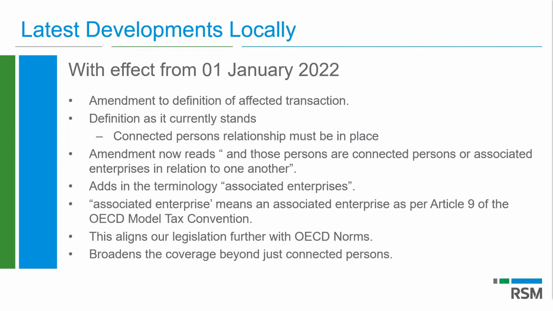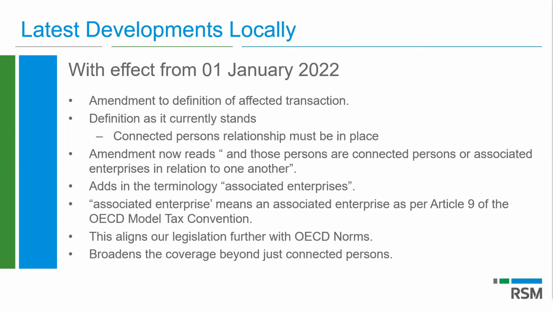That is defined to mean an associated enterprise as set out in Article 9 of the OECD Model Tax Convention. And the OECD Model Tax Convention is in essence a model double taxation treaty that is used by most tax jurisdictions in negotiating double taxation agreements with other jurisdictions.